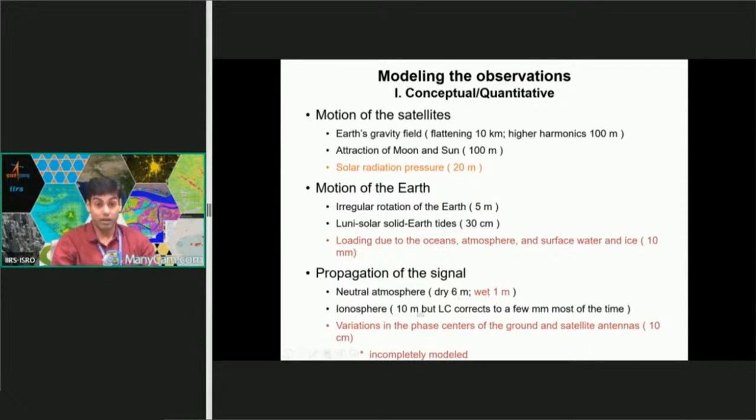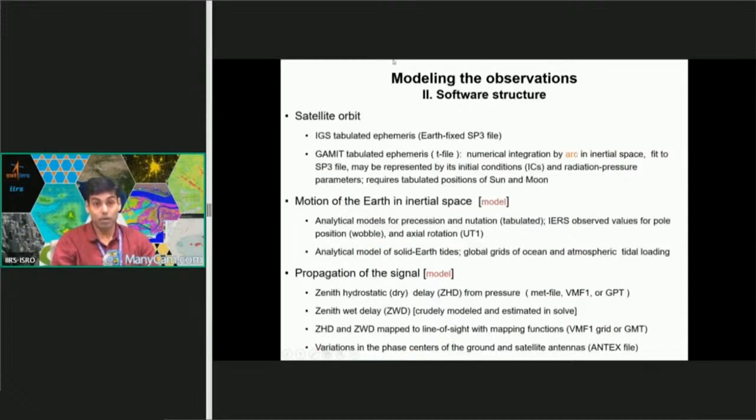The ionosphere is a highly ionized layer where a huge number of electrons are present. Then there is variation in the phase center of the ground and satellite antennas. We know the phase center is at the center of the antenna of the ground station and satellite antennas. This is very difficult to model precisely, but we have a model. So then modeling the observations: we use all these models in the software to apply the corrections.